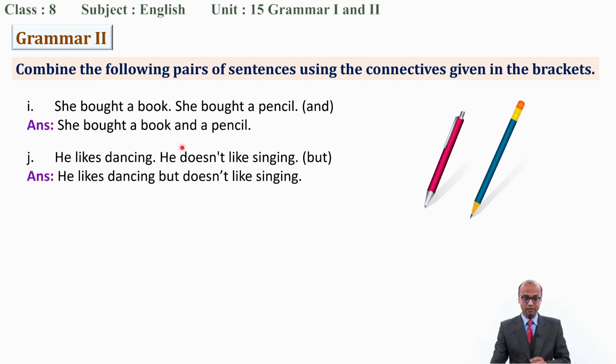Okay, instead of he, there could be something else. He likes dancing. His brother doesn't like dancing. So in that case, you have to repeat the same subject. But here, the subject is the same, and the likeliness is also the same. That's why you can omit the second subject. He likes dancing but doesn't like singing.